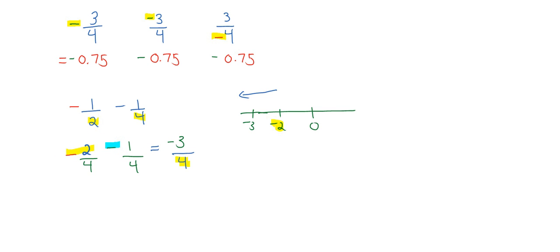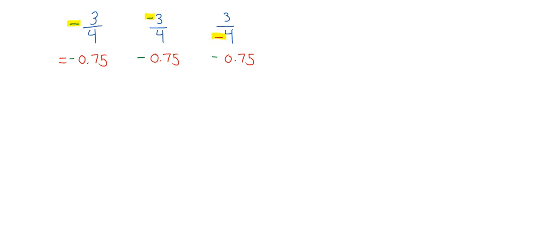All right, let's get into multiplying negative numbers. If I have something like 1/2 times 3 over 4, when we're multiplying, we just multiply the numerators and the denominators. The numerator here is 1 and the numerator over here is 3, so 1 times 3 is 3.